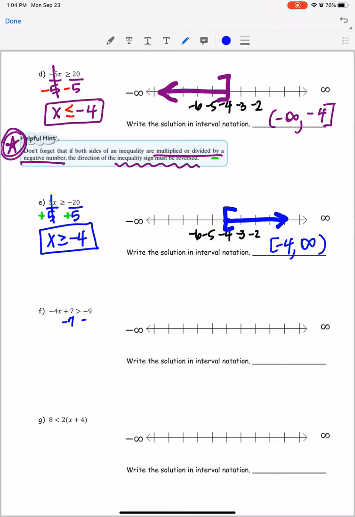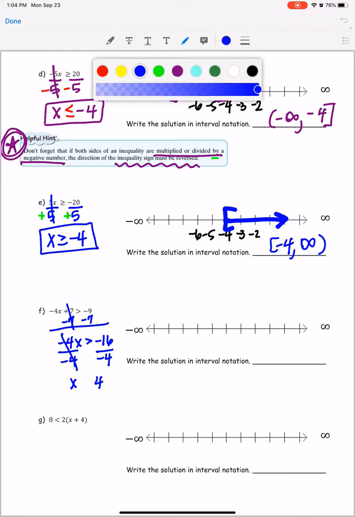Let's subtract 7 from both sides. -4x is greater than -16. So then we're going to divide by -4. Those cancel. So I've got x, -16 divided by -4 is 4.